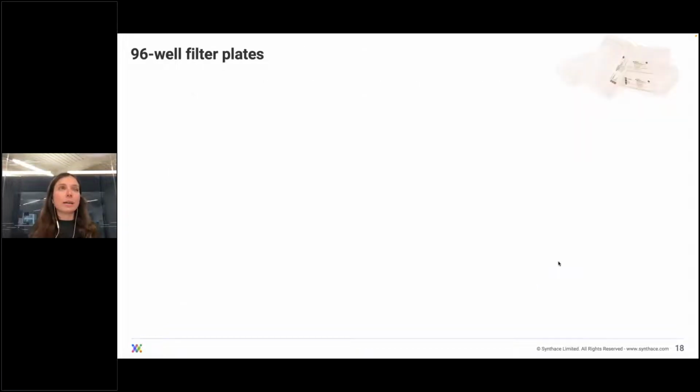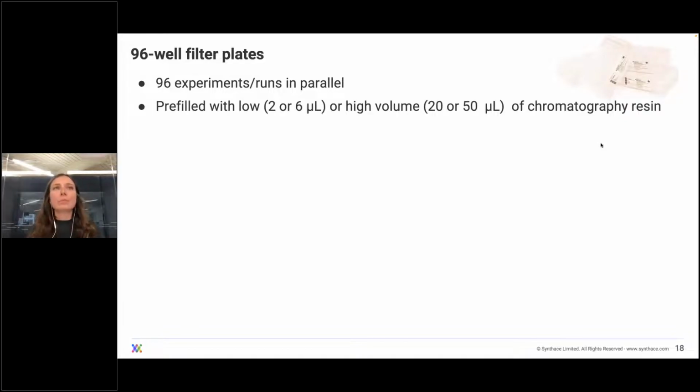Next up, we have specifically 96 well filter plates, which you can see here in the top right corner. As the name suggests, they come in the format of a 96 well plate, which means you can actually run 96 unique factor combinations at the same time, so in parallel. And they come pre-filled with either low or high volume of chromatography resin.